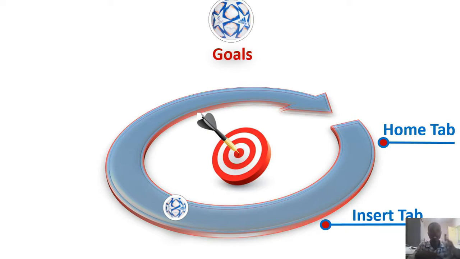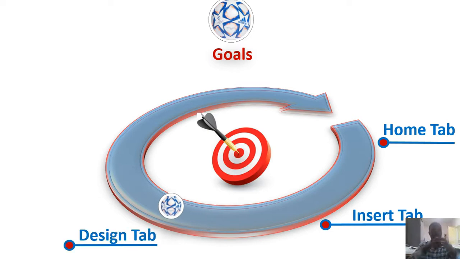For instance, you may add pictures, shapes, graphs and other things. And then from insert tab, we'll talk about the design tab, where we mainly focus on the background of the slide itself, the overall slide appearance. That's design.